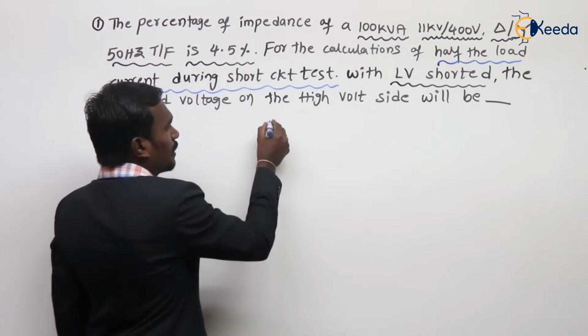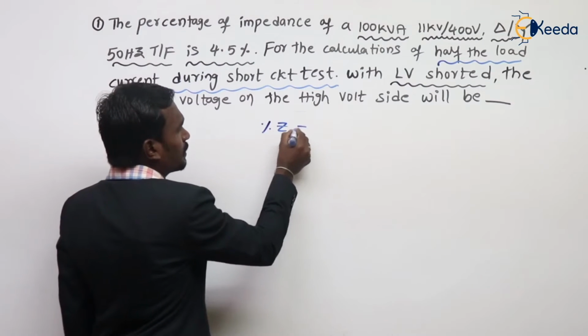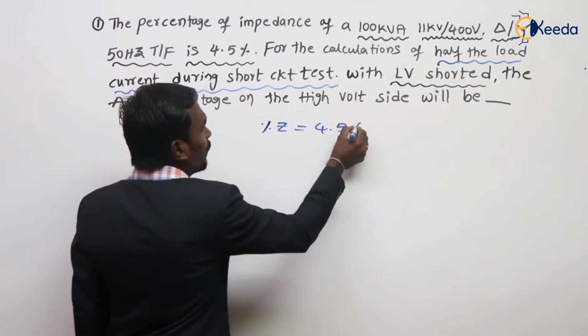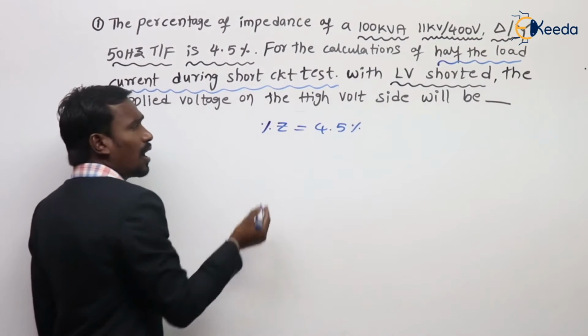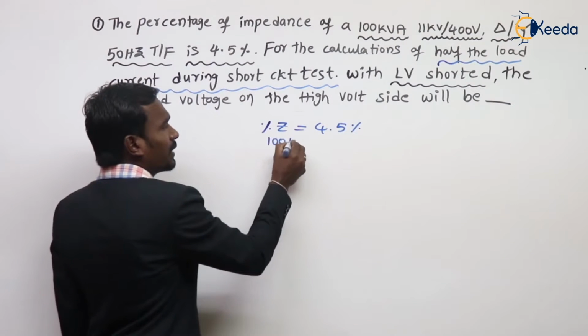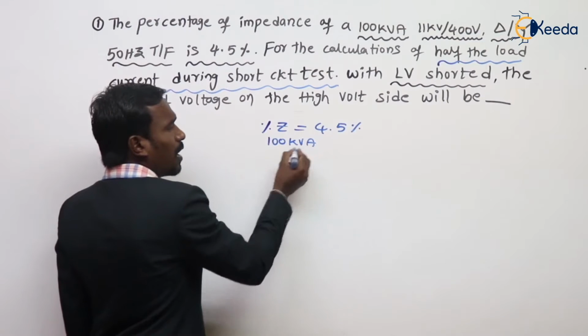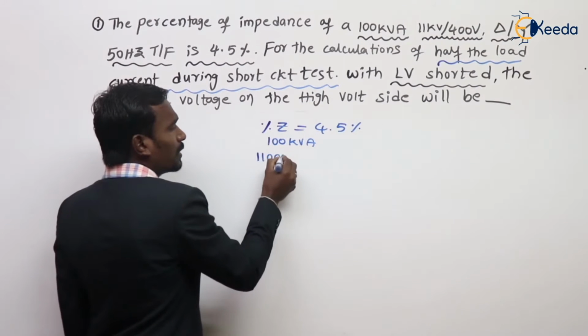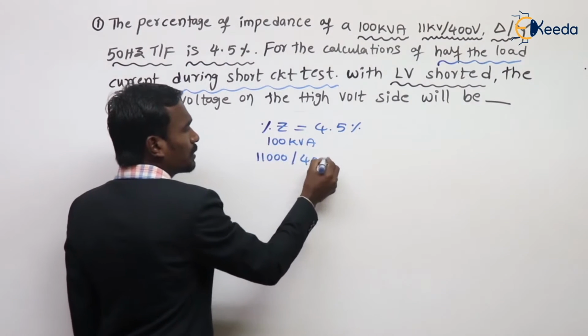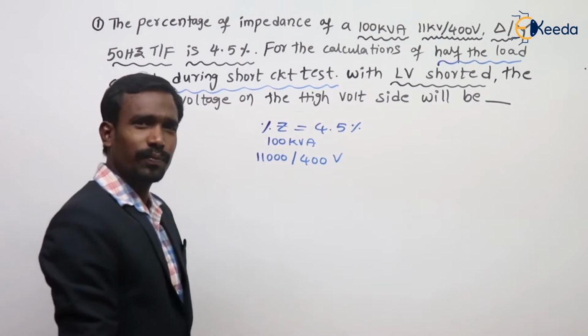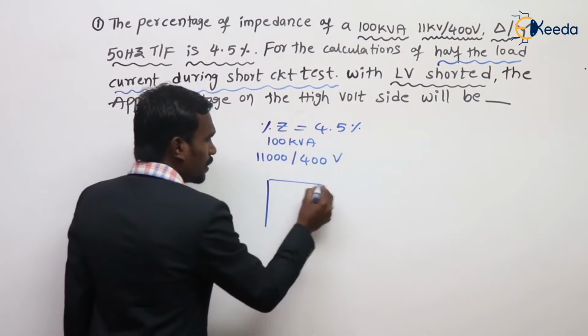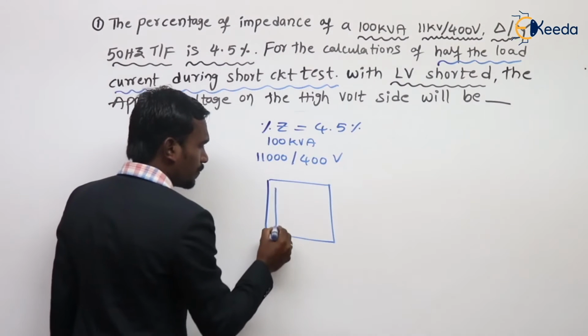They have given the percentage impedance equal to 4.5 percent, it is a 100 kVA transformer, and 11,000 by 400 volts are the voltage ratings.